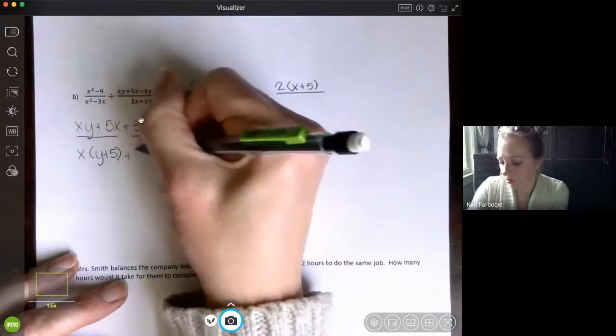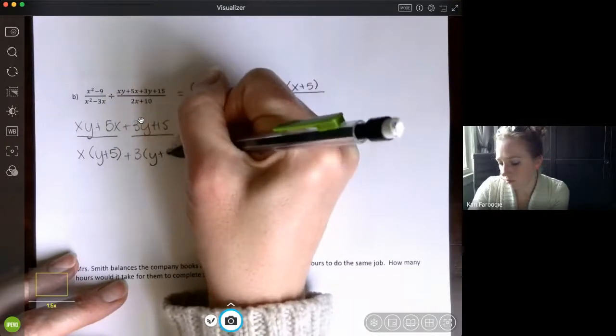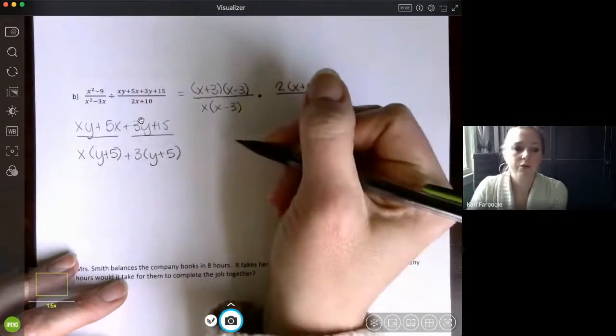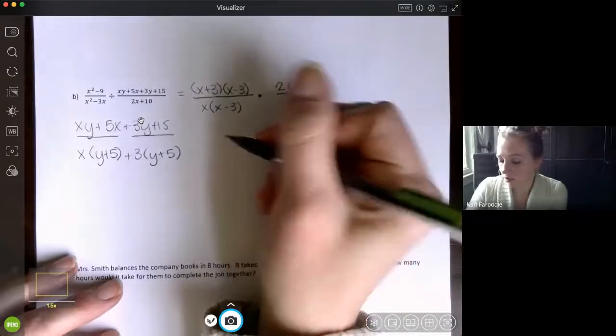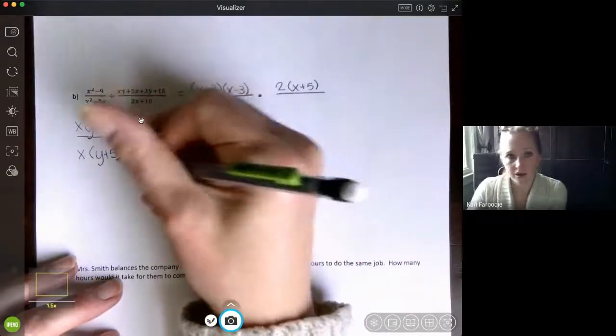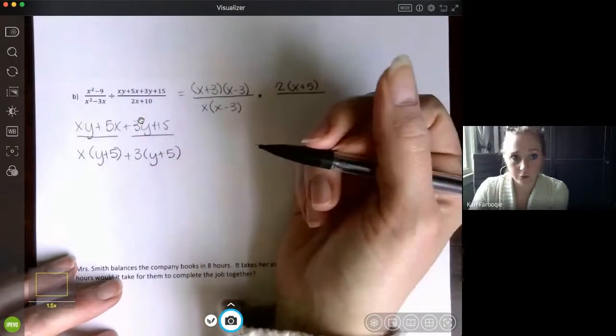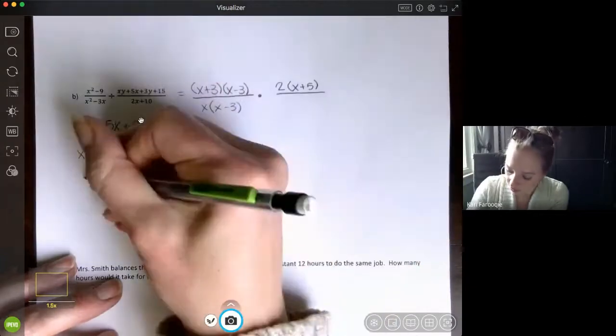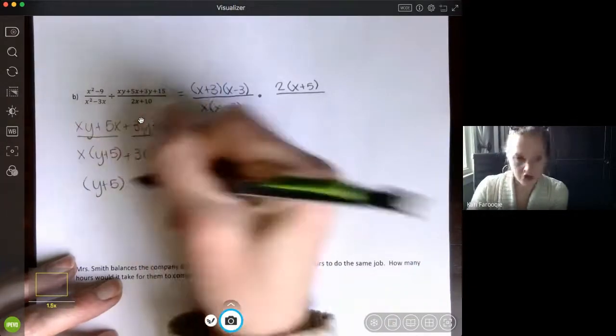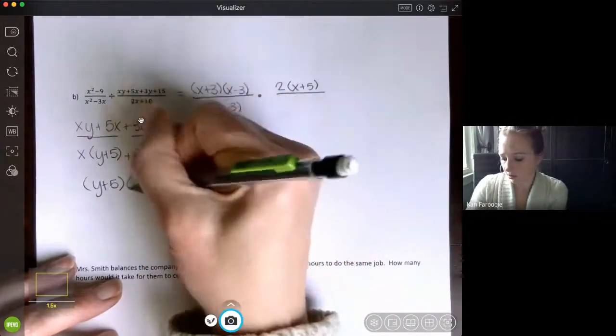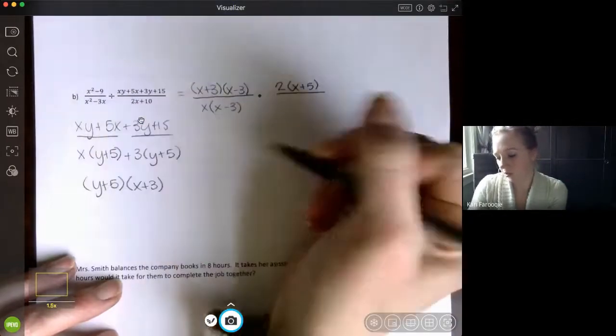And in the second group, take out a GCF of 3. Now remember that you've done this correctly if each group now has a common factor, which is the case here, y plus 5. So then you're going to take out the GCF of each term, y plus 5, and that leaves you with x plus 3.